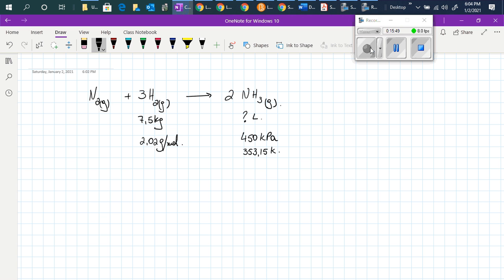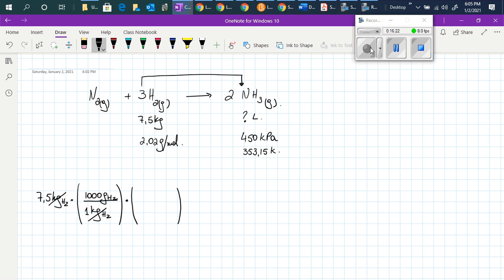So you'll start with what is given, 7.5 kilograms of hydrogen. Let's convert it into grams. So 1 kilogram of hydrogen is 1,000 grams of hydrogen. We convert it into grams because we are dealing with molar mass. Okay? And why we need to deal with molar mass is because we need to move using the coefficients 2 and 3.